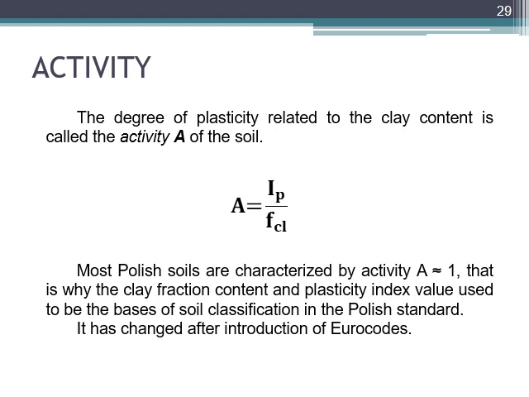That is why the clay fraction content and the plasticity index value used to be the basis of the soil classification in the Polish standard. Because if you knew the value of the IP, then you could assume that the value of the clay fraction content would be similar. Right now, we know that there are some exceptions and not all soils behave like that.